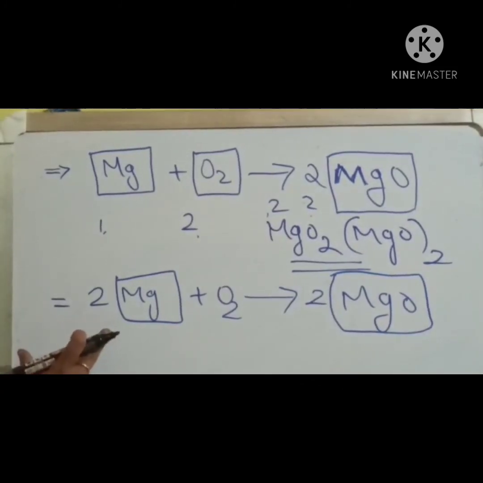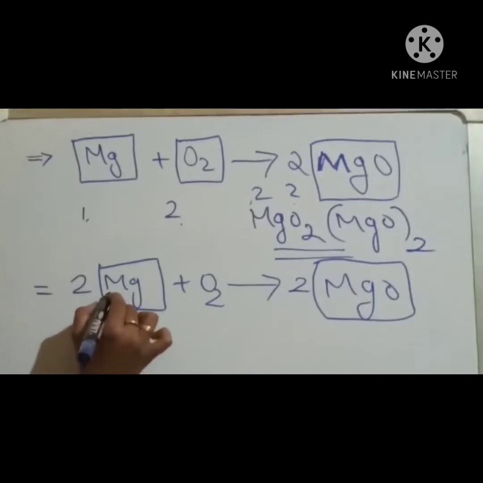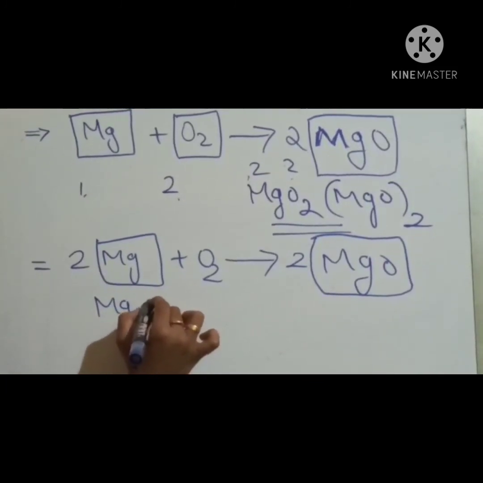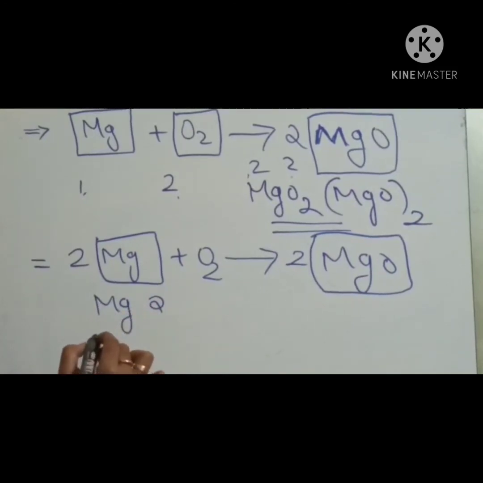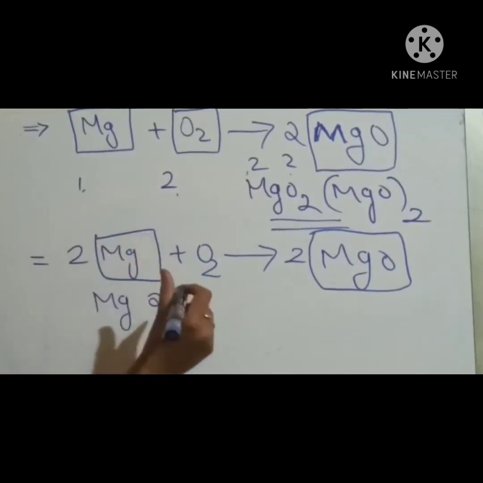Now it becomes balanced. Let's check. How many magnesium atoms are there? 2. And how many oxygen atoms are there on LHS? 2.